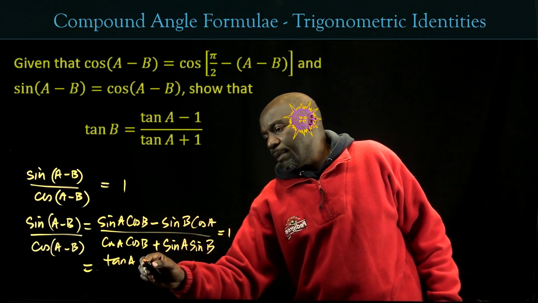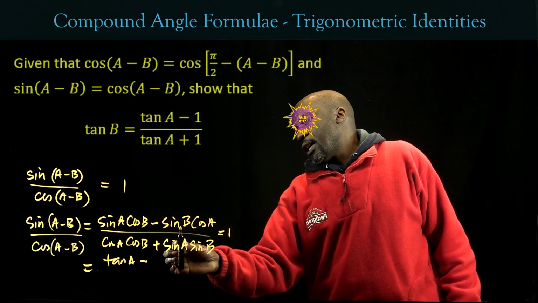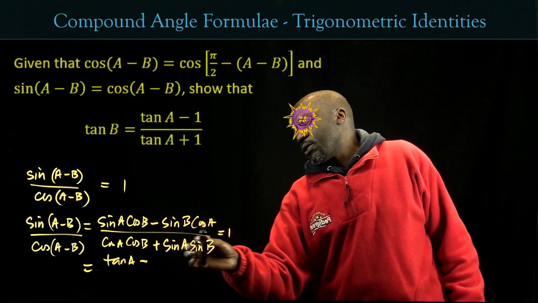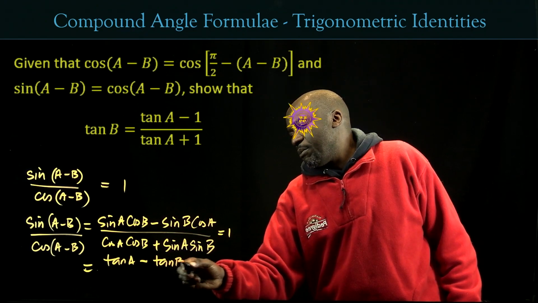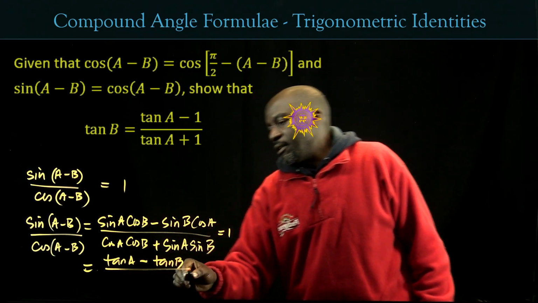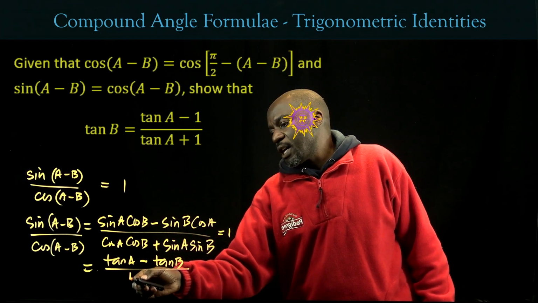So I'm dividing the top and the bottom by cosine A cosine B. If we do the same here, this is going to become tan of B. And then the other term, dividing by cos A cos B, becomes 1.